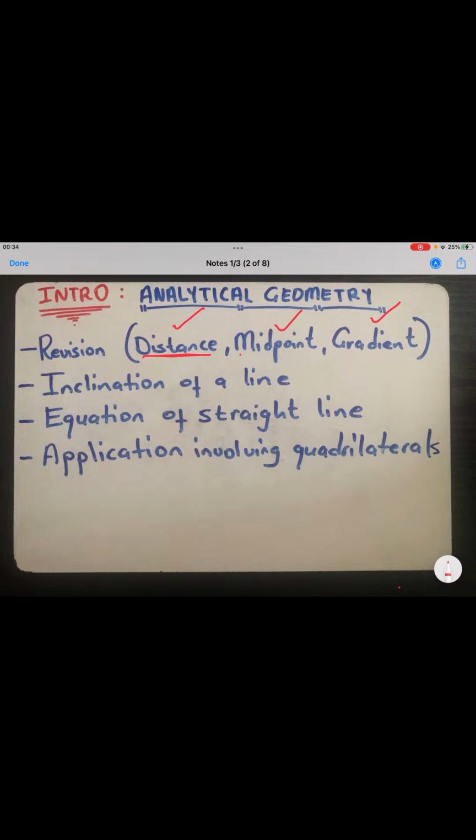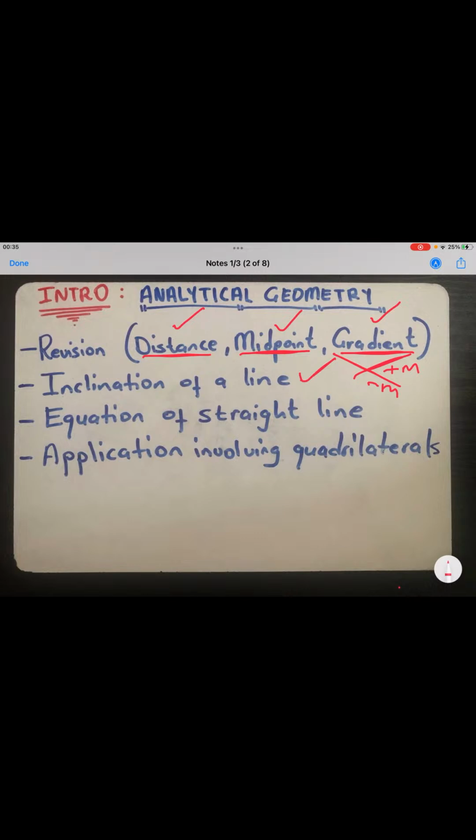With regards to the gradient, we know for those type of lines, we've got positive gradients, and for this type of lines, we've got negative gradients. We also discussed parallel lines and perpendicular lines. Inclination of a line, yes, we have discussed that. Equation of a straight line, yes, we also discussed that.